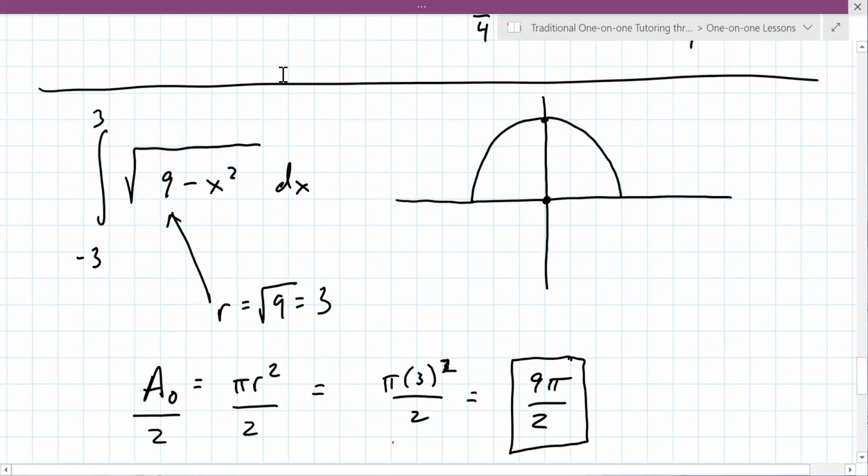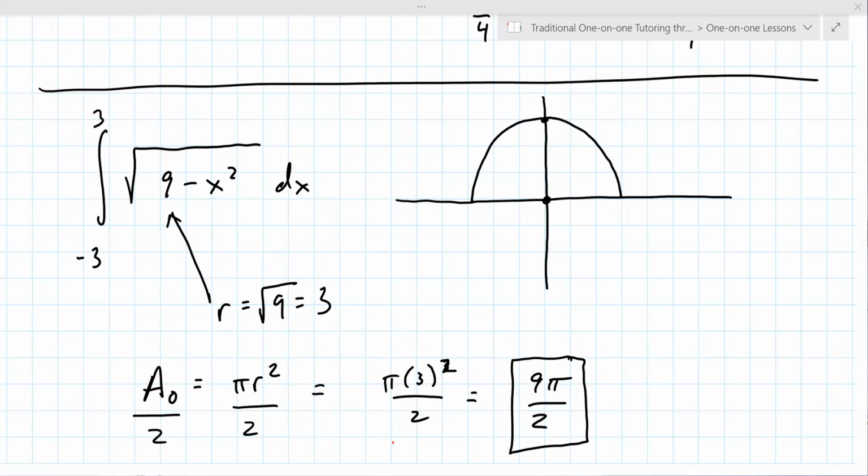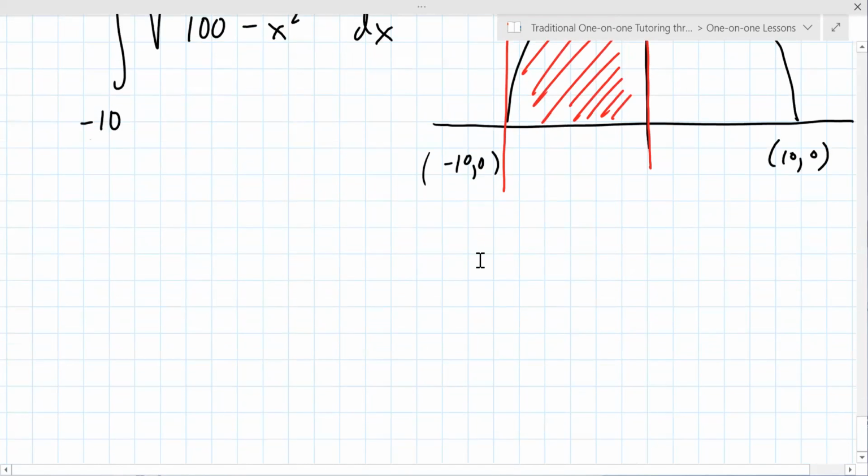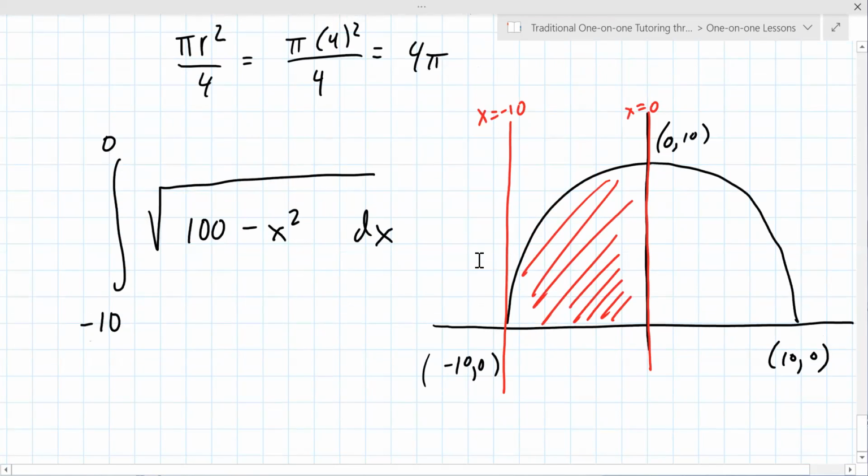So then it's 10 squared over 4, 25 pi. Yes. Okay.